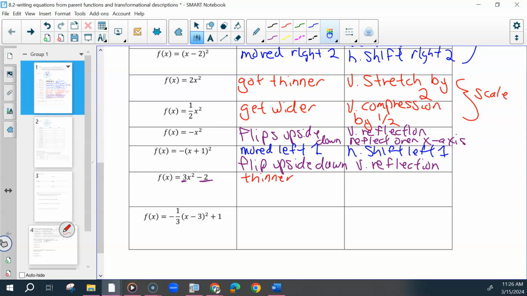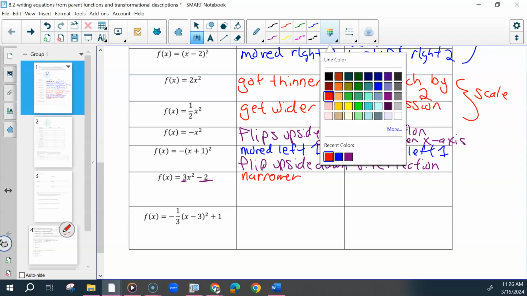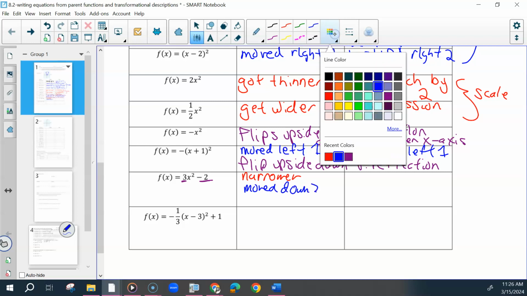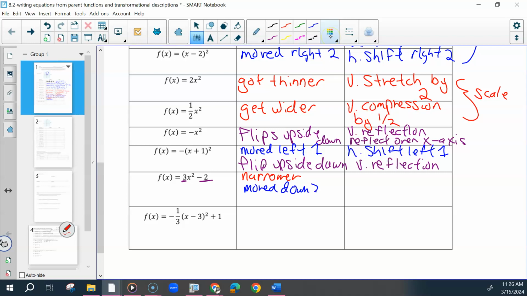You can also say narrower. So it got narrower and it shifted down to. So then if we were labeling the rules for that, what would narrower, thinner, what would that rule be?